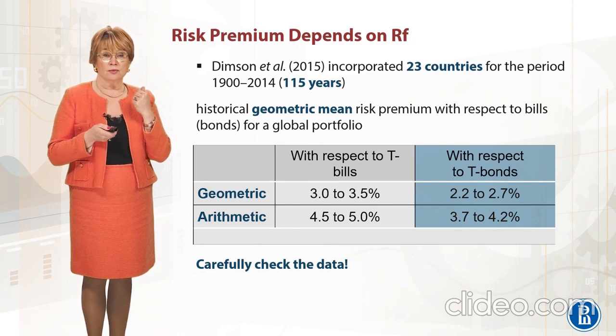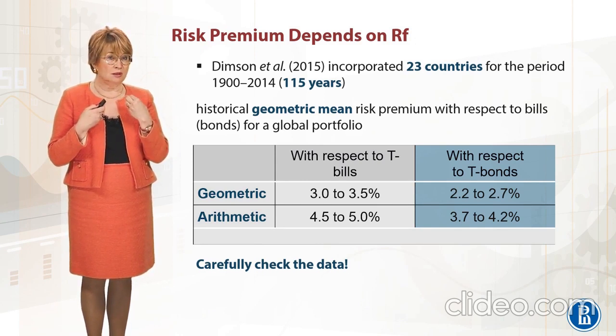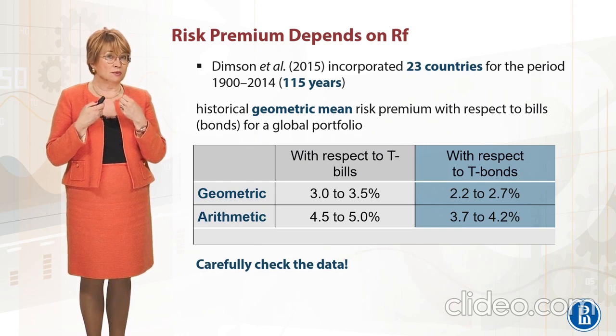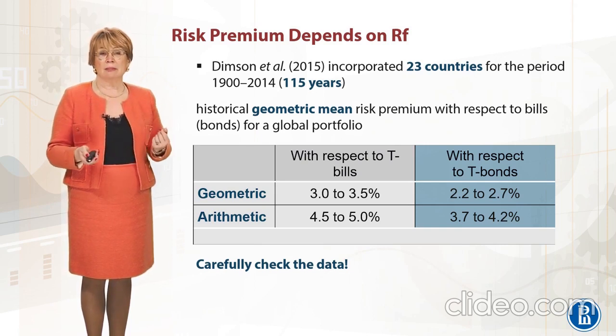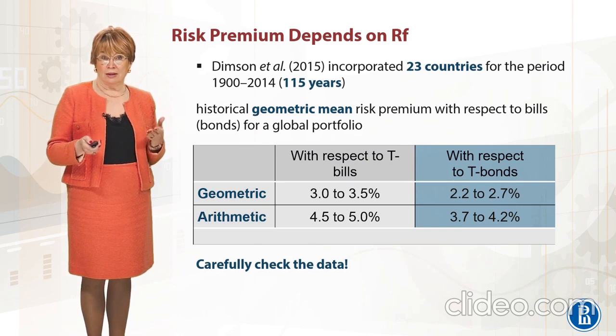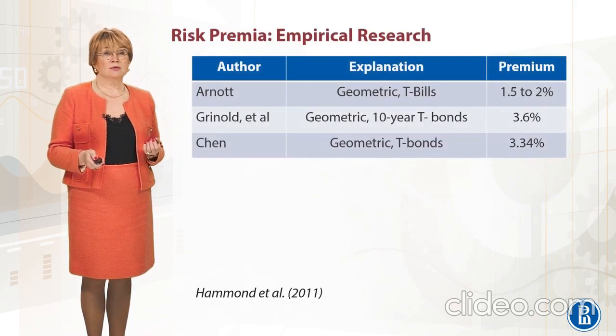From this follows, for just practical everyday purposes, we should be very attentive to the data we are using, because there could be some misunderstanding and there could be as well some mistakes.